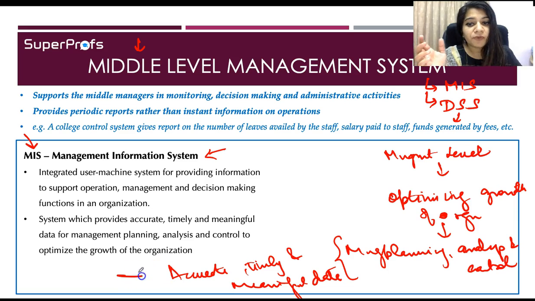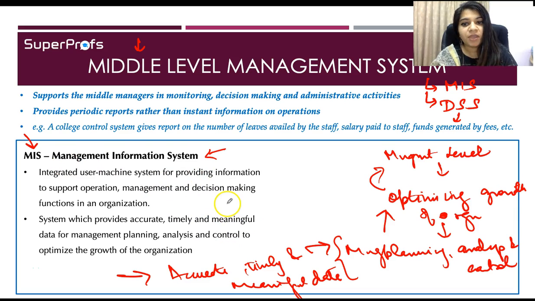So a system which provides accurate, timely, and meaningful data, in order to do management planning, analysis, and control, which in turn will enable you to optimize the growth of an organization at the mid-level management level. Alright, this is an information system, and how it does it? This is because it is an integrated user machine system which is utilized for providing information to support the different functions. Which are the different functions? Operation, management, and decision making functions in an organization.